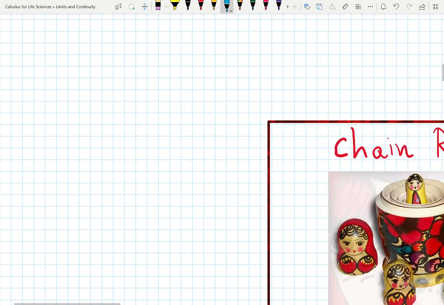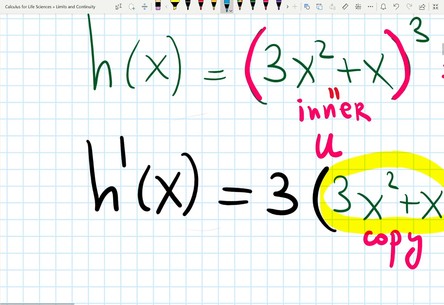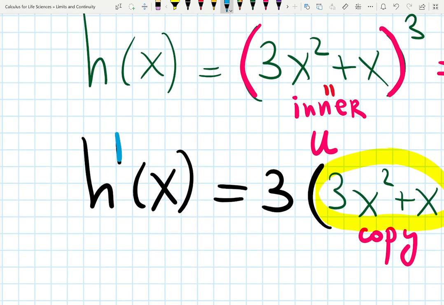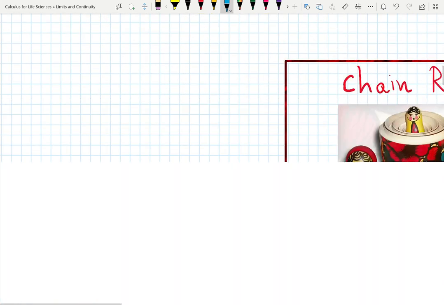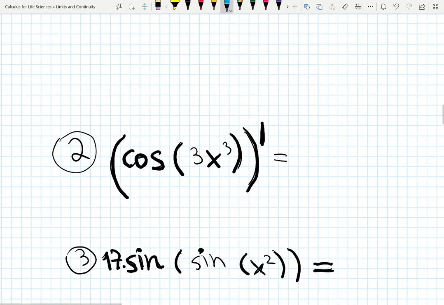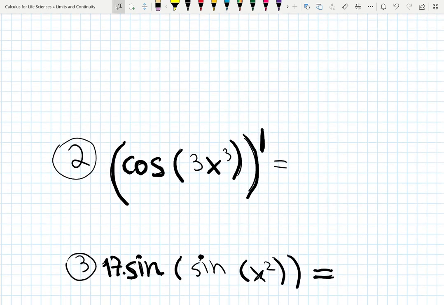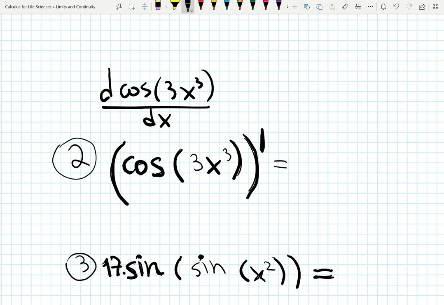I keep using it all the time because it's easier. This is the same thing as saying d of cosine of 3x cubed over dx. This is what you will see in the literature, but I like prime because it's easier to write. So it's not 1, it's prime.